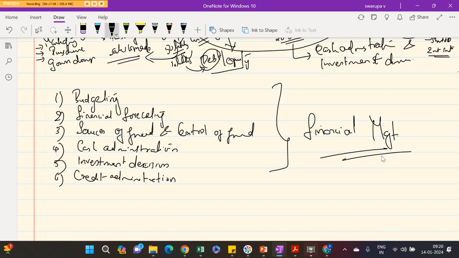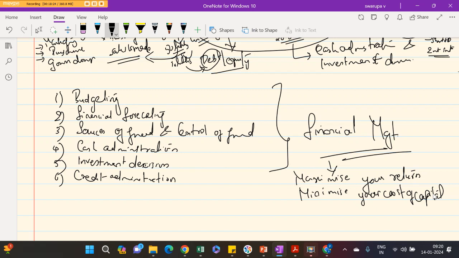It involves end-to-end decision making to ensure that you maximize your return and minimize your cost of capital. That is, maximize your return to the owners of the business and minimize the cost. That is the ultimate role of financial management.